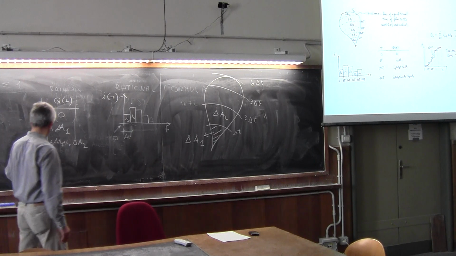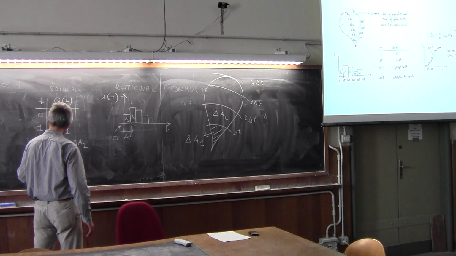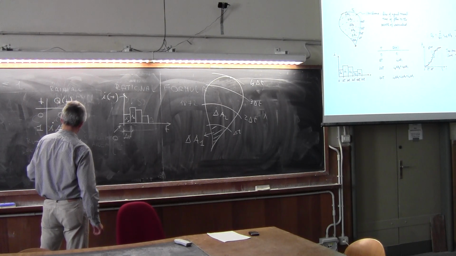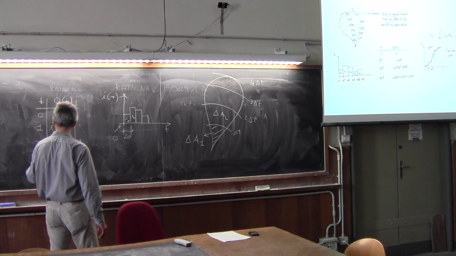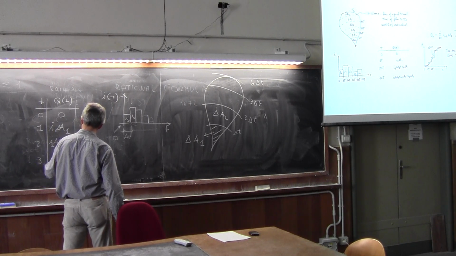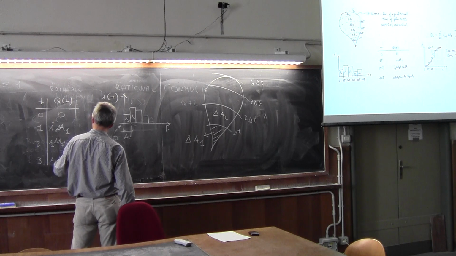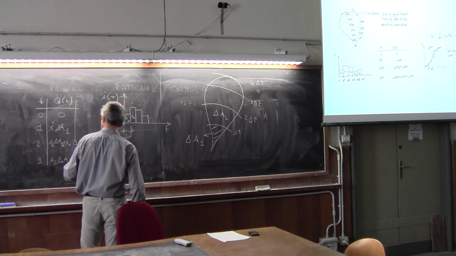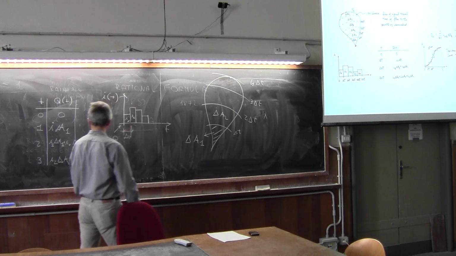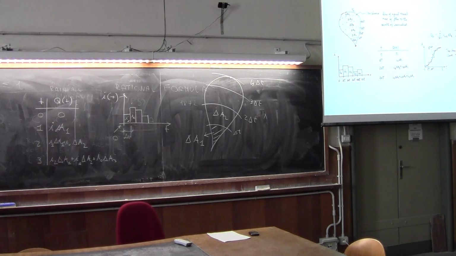The third hour, you have I2 delta A1 plus I1 delta A2 plus I0 delta A3. This representation is valid until you reach the time of concentration.